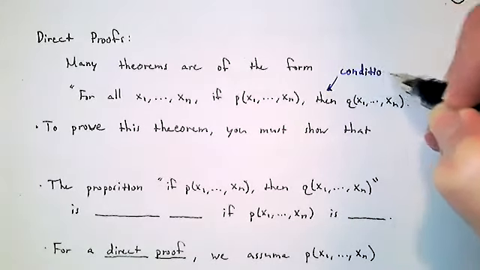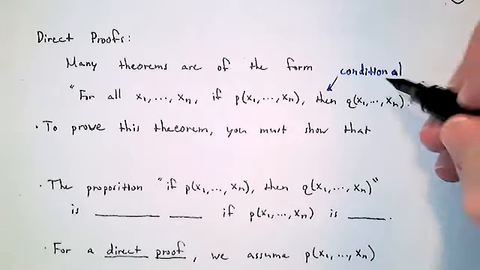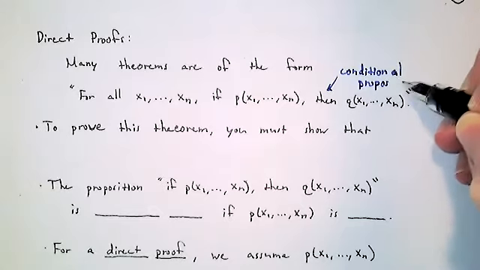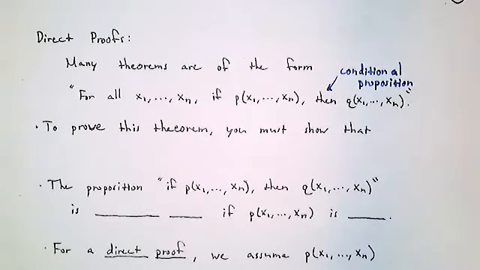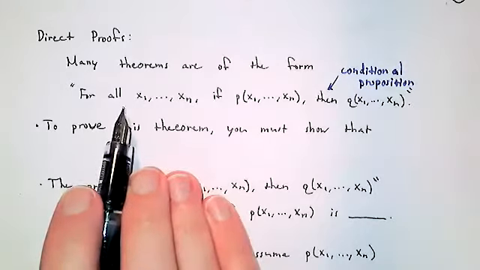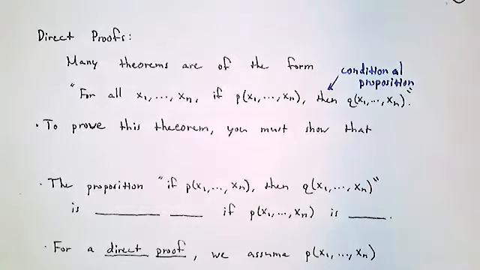You've probably seen lots of if-then statements in your other math classes. And I think this is probably the most common kind of theorem involving a universal quantifier, a for all, and this conditional.